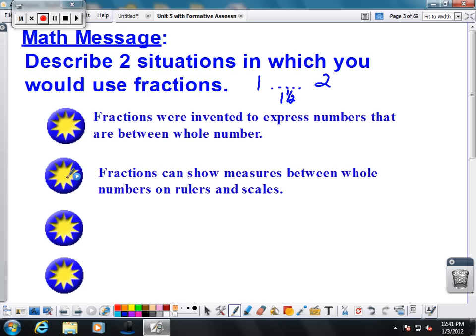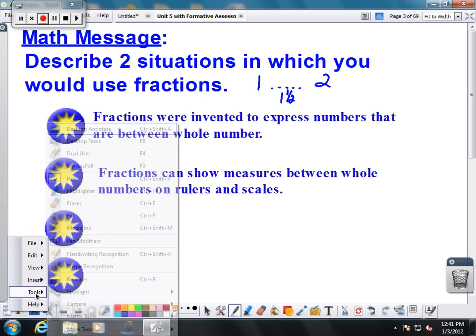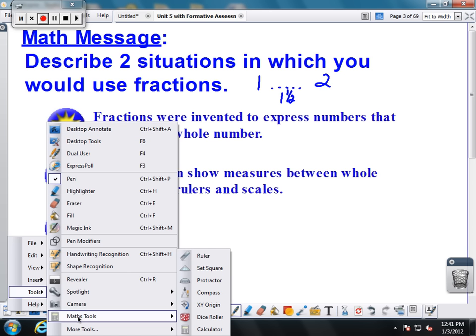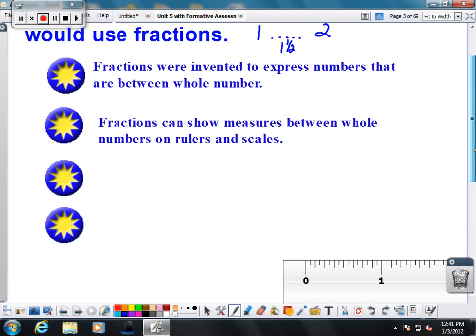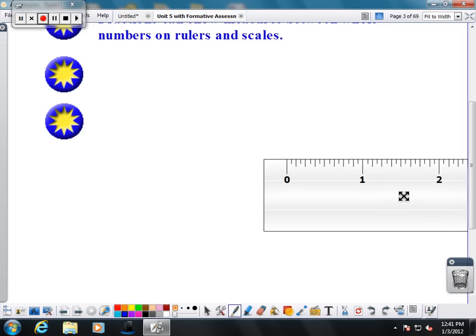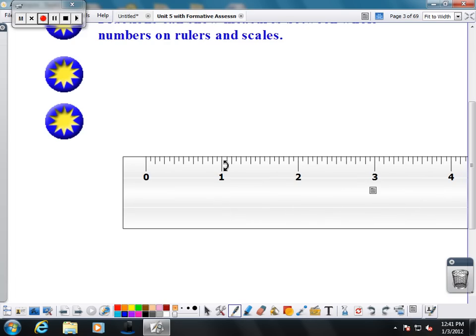Fractions can show measures between whole numbers on rulers or scales. And if we go and get my ruler here very quickly, we can take a good look at the use of a ruler. We can see that the ruler is broken up into what we're calling 16th marks.